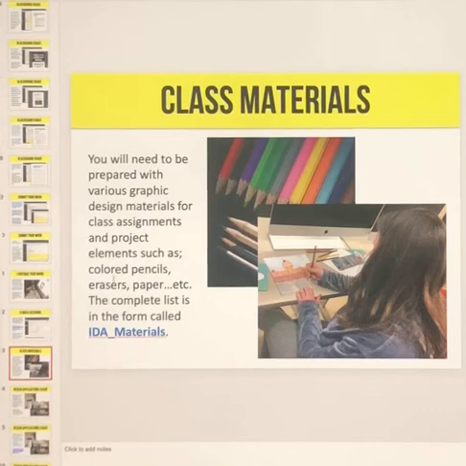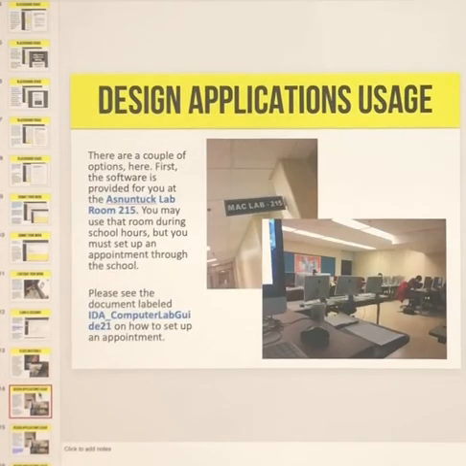Pencils, colored pencils, paper, all really handy. You can just get them at any kind of supply store. I do have the class materials paper within the folder that you can look through to see all the information that you need for that.